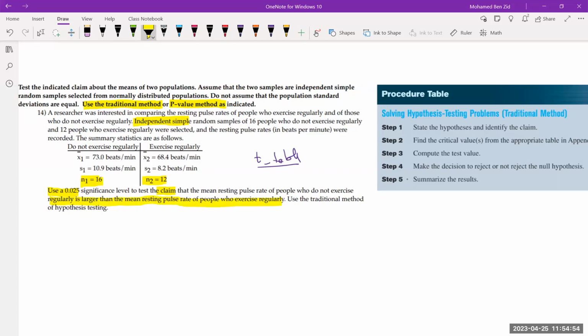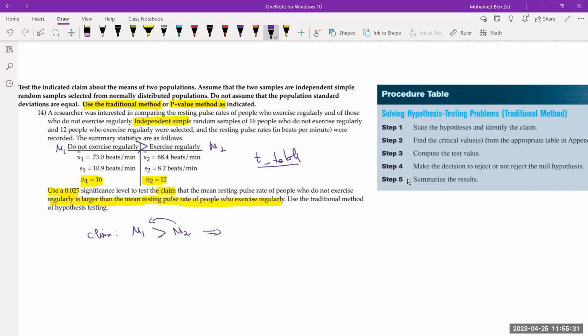If I call this mu1 and this mu2, and this is the people who exercise regularly, and this is the people who do not exercise regularly, the people who do not exercise regularly is larger, all right? So your claim is mu1 greater than mu2.